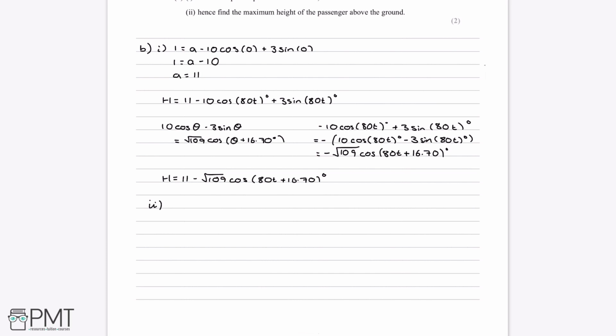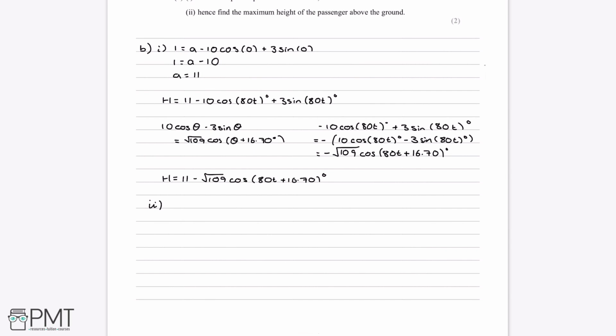Because we have 11 take away root 109 cos of 80t plus 16.70, because it's take away, that means that we want this to be as small as possible, or if possible, negative. In which case h would be as big as possible.